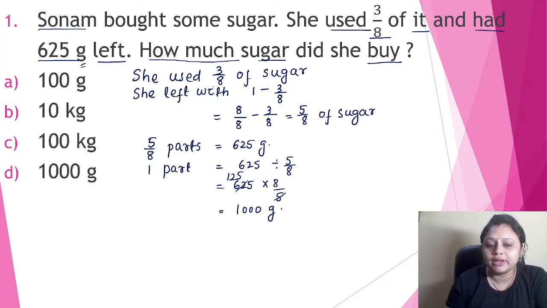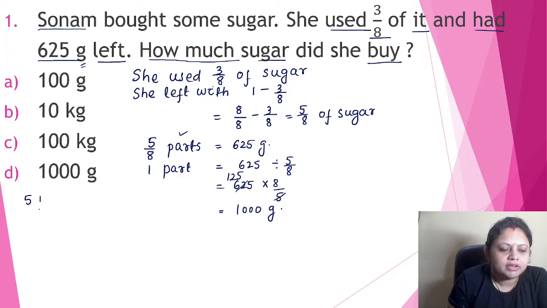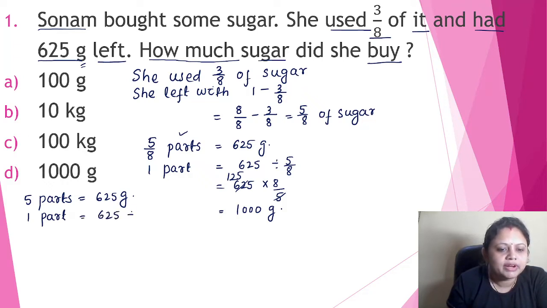Or you can calculate it like this also. We know that 5 by 8 parts is 625 gram. That means 5 parts is equal to 625 gram. So one part is equal to 625 divided by 5, that is equal to 125 gram.